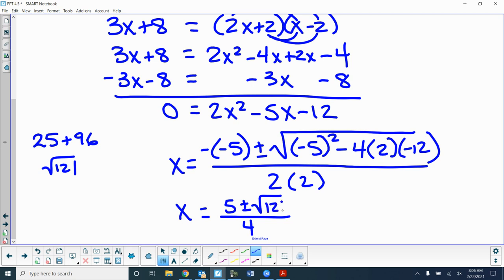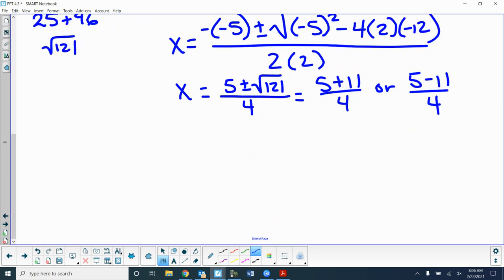I guess I'll put that there. So I got 5 plus 11 is 16 divided by 4 would be 4. And 5 minus 11 is a negative 6, divided by 4 is a negative 3 halves.